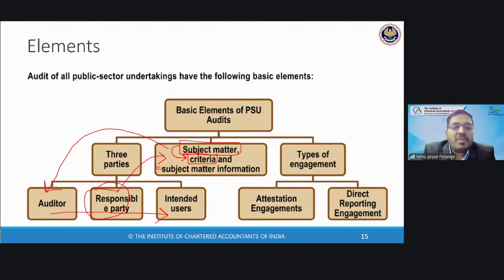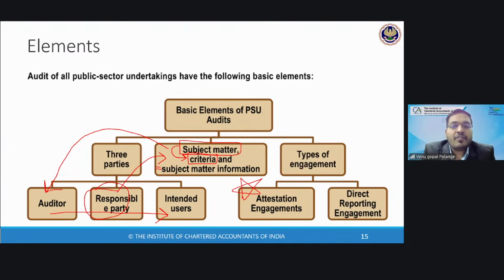The relation between the three parties is understood. Next, if this is the way you do it, you call it attestation engagements. Example, our statutory audits. We are clear.